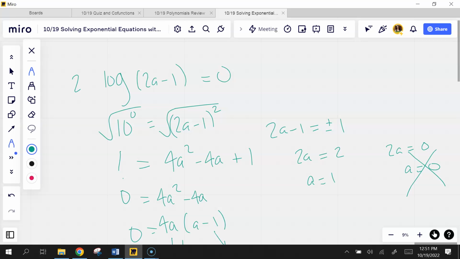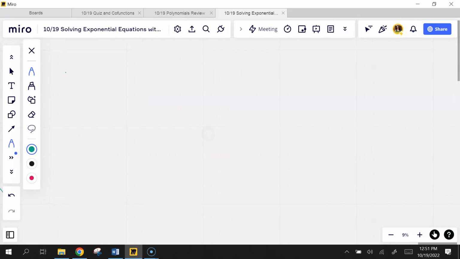Well, a little bit harder with the log equations. We're going to solve exponentials using logs, but we're going to have to do logarithmic. I'll show you.